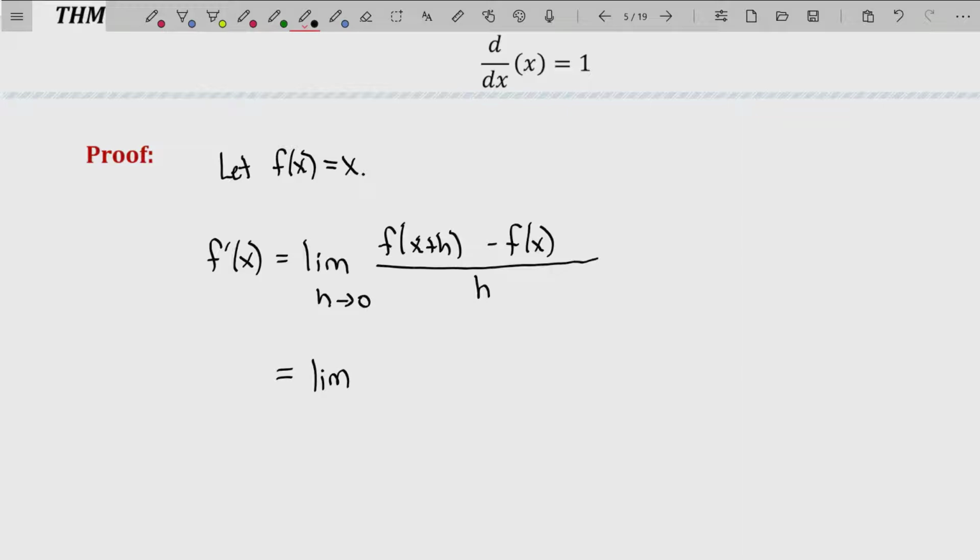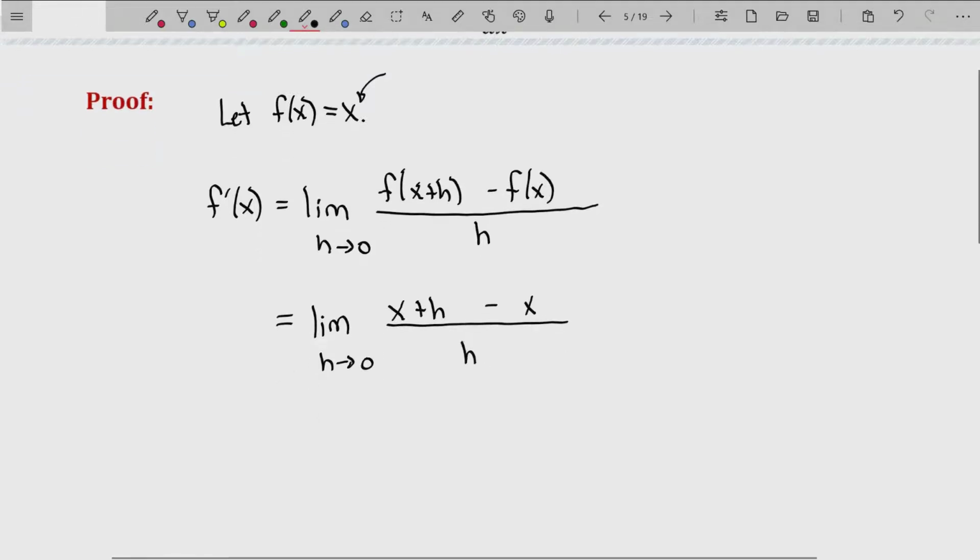We plug into our function x plus h. Well, plugging in x plus h means the output is x plus h. Plug in x, the output is x. Well, arithmetic tells us that this limit is now h over h.